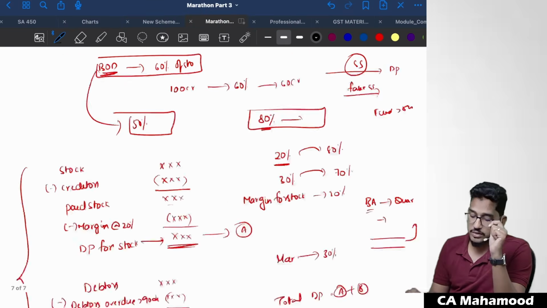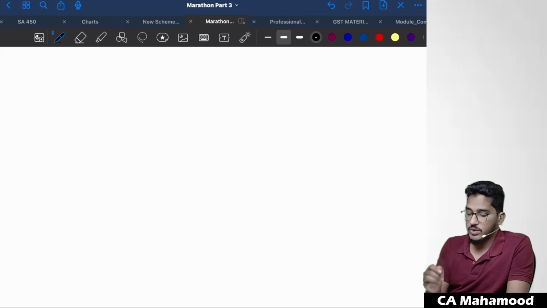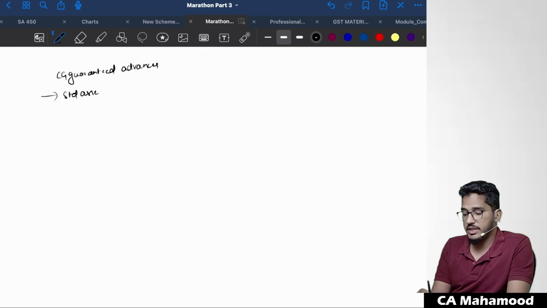Here is one important point I want you to revisit, which is very important for examination. We have seen two cases. In case central government guaranteed advances are there, even though they remain overdue for more than 90 days, still they will be treated as standard only. For asset classification, they will be treated as standard assets. That means they will not be treated as NPA.